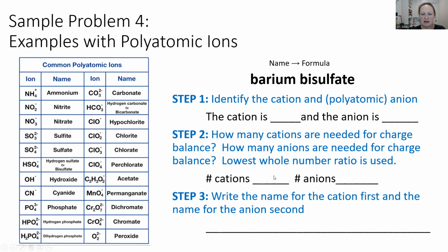So that we use the lowest whole number ratio. When we're writing the, sorry, this should not say write the name. It should say write the formula for the cation first and the formula for the ion second. Sorry, I'll change that in the slides.